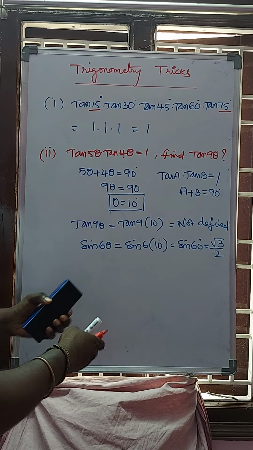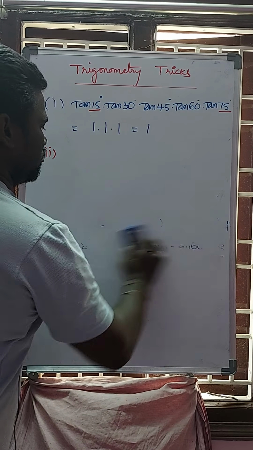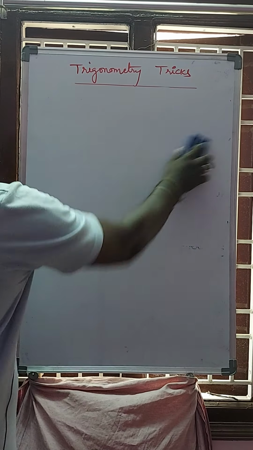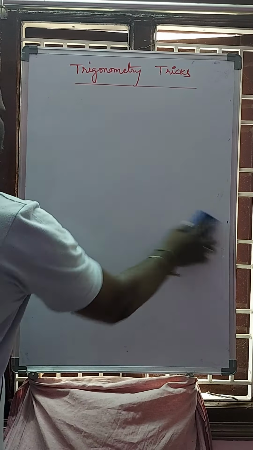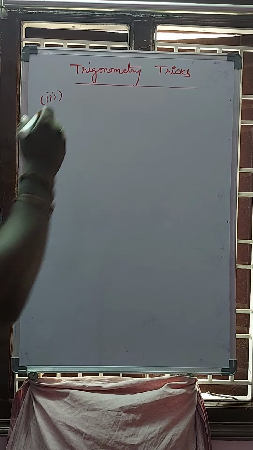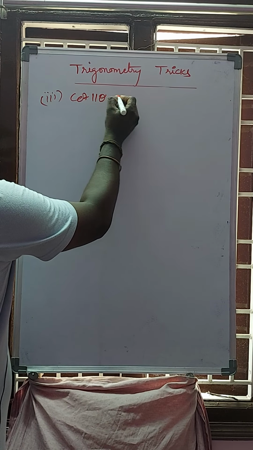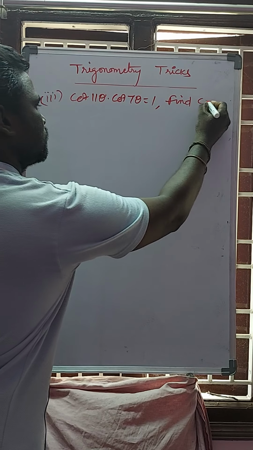For suppose if we take in terms of cot: cot 11 theta into cot 7 theta equal to 1.